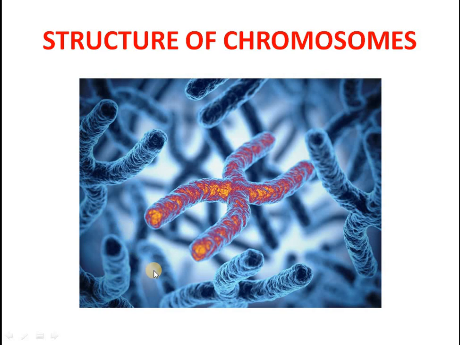Here is the general structure of the chromosome, and it is visible only during cell division. Most chromosomes consist of two arms. You can see here two arms that extend out from a specialized region of DNA called the centromere. This joining at the center is known as the centromere, or it is also known as the primary constriction.